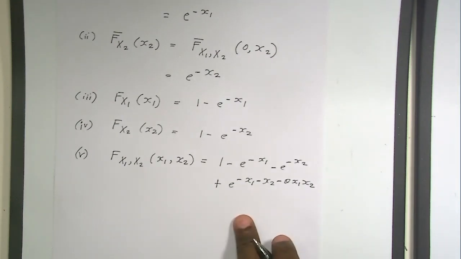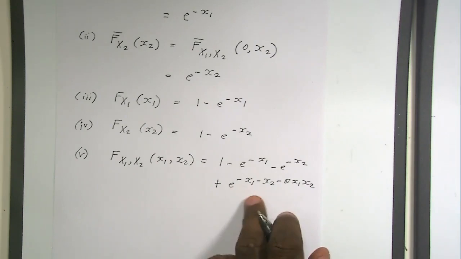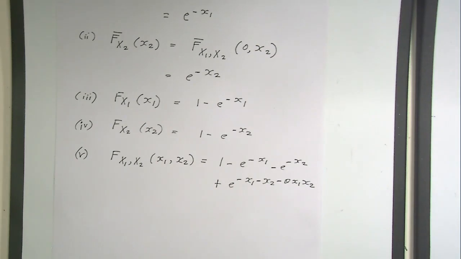I have simply used this formula here to get this, right? So it's 1 minus the survival function of x1 minus the survival function of x2 plus the joint survival function of x1 and x2. So that's what we get. Okay, right, that's V.